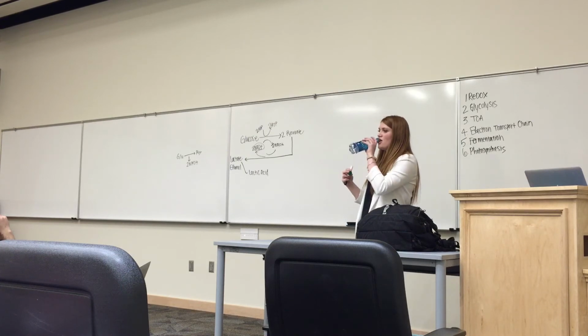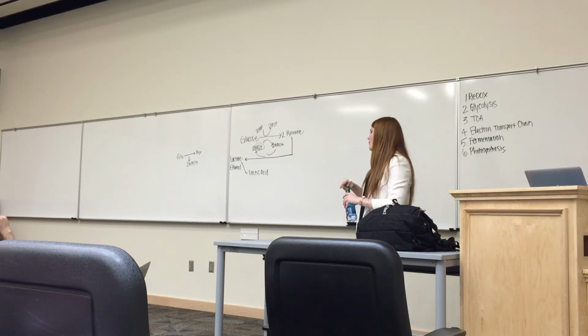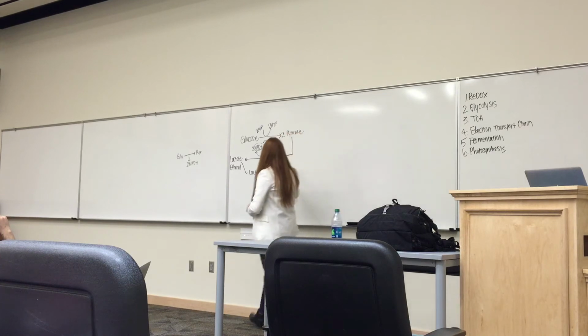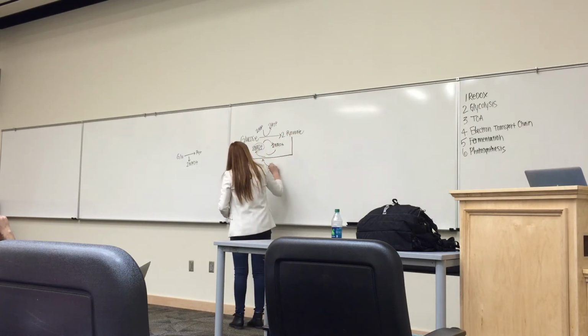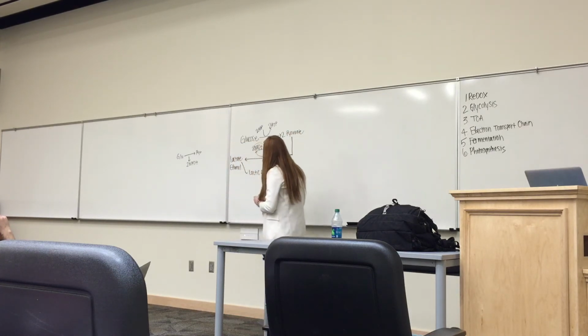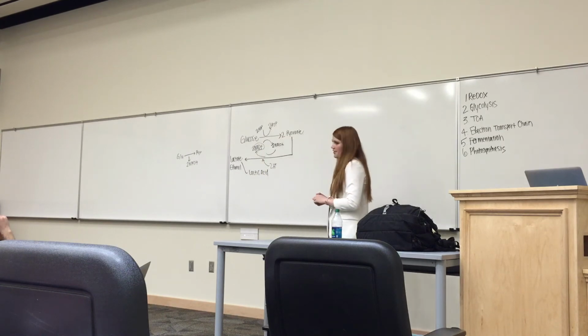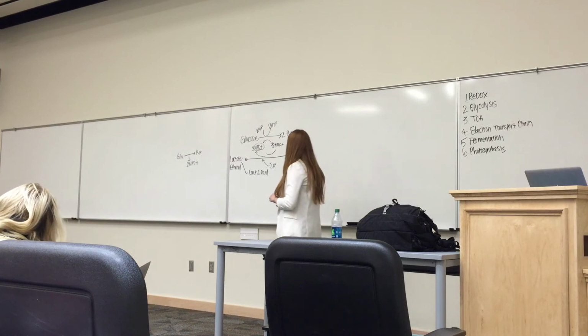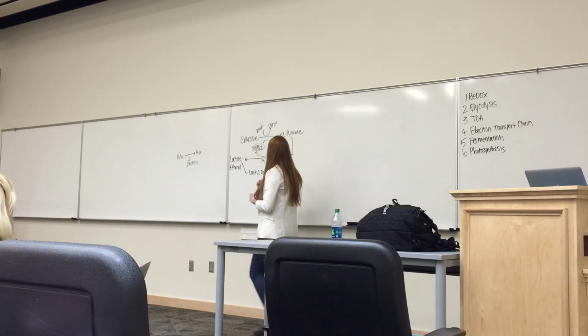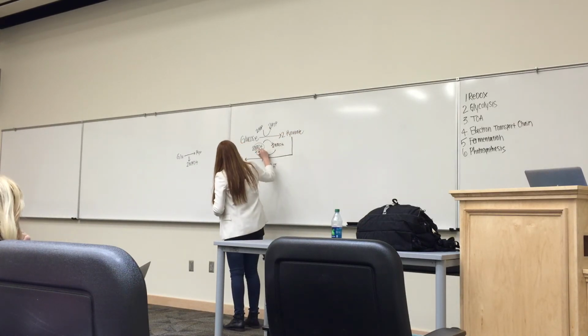And there's also supposed to be 2H plus with that NAD plus. Sorry, there's 2H plus going right here, right? In the cycle right there, it's 2 NAD plus plus 2H plus. Okay. Right. There you go. Thank you.